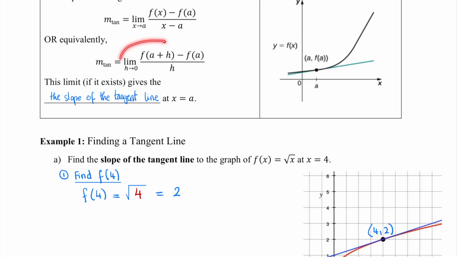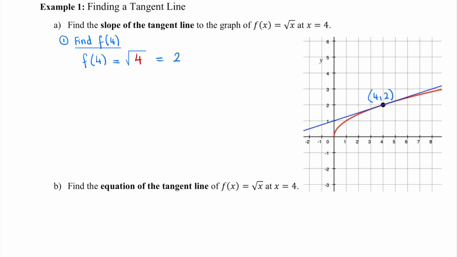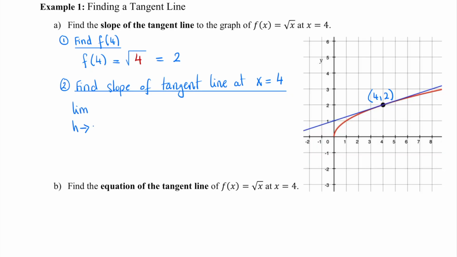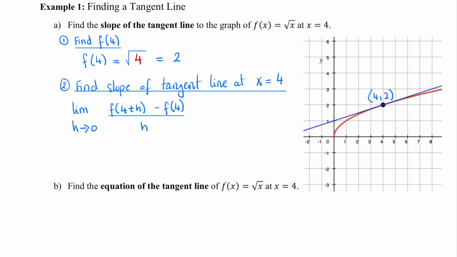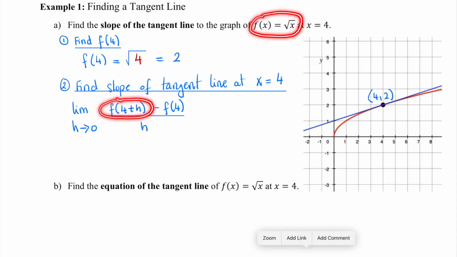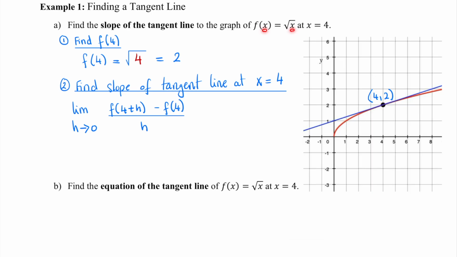Next, we use this formula to find the slope of the tangent line at 4. We will replace a with 4. So I have the limit as h approaches 0 of f of 4 plus h minus f of 4, all over h. To find f of 4 plus h, we'll use this formula f of x here and replace x with 4 plus h.